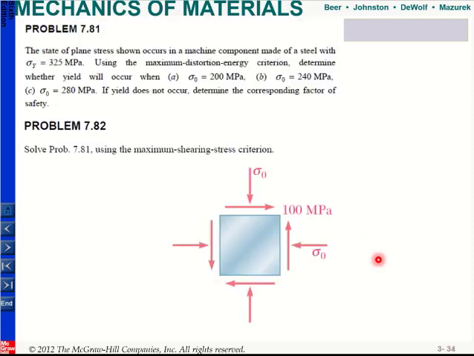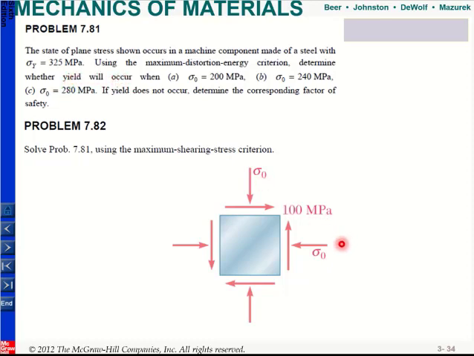So what we will do is we will just show an example to understand these concepts better. Okay. So we have a material, and the yield stress is given as 325 megapascal, and we want to use the maximum distortion energy criterion to determine whether yield occurs or not.